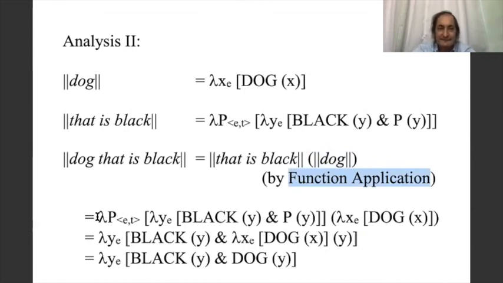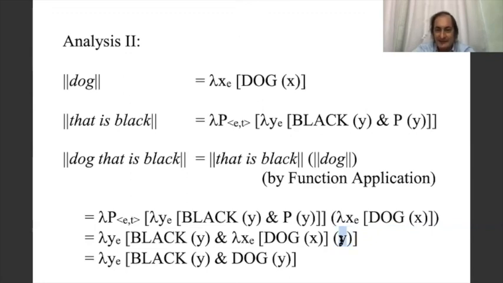It works like this. This is a translation of "that is black." It tells us to find something of type ET that can substitute for this P. You find something here. You take that and you put it in place of the P to give back the result. And here in this result, we still have a function that still has to apply to an argument.